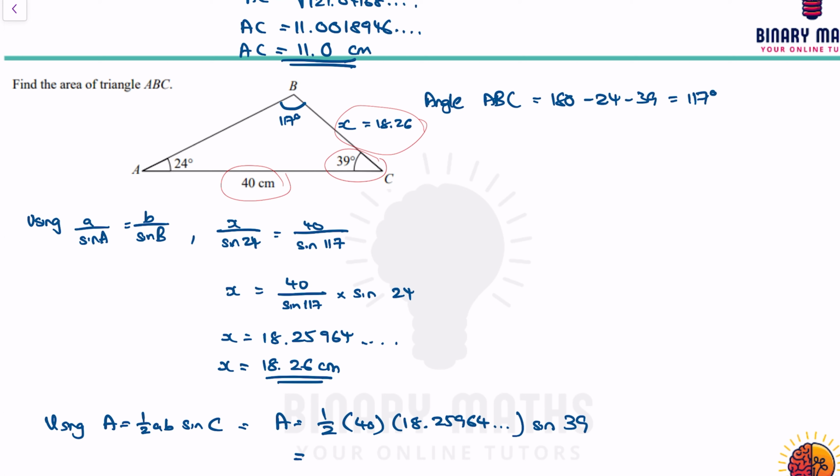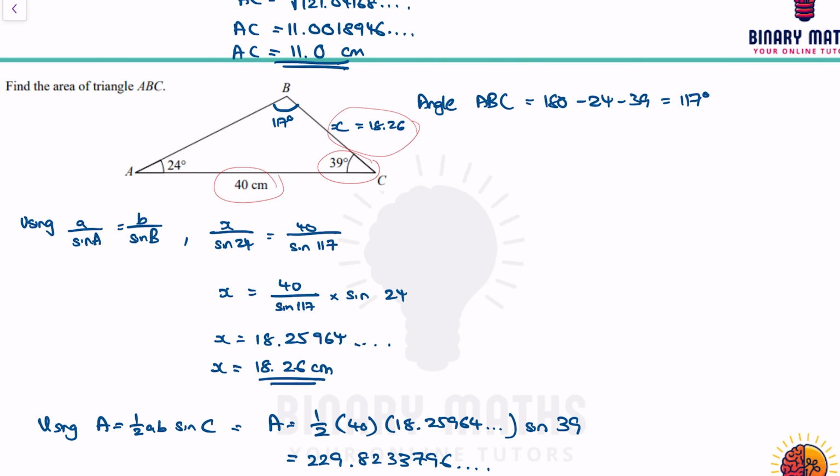If I put that into my calculator, I get 229.8233796. And if I want to round this to 2 decimal places, I get 229.82 centimeters squared as my answer.